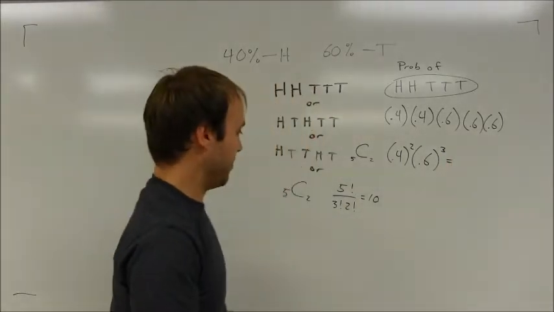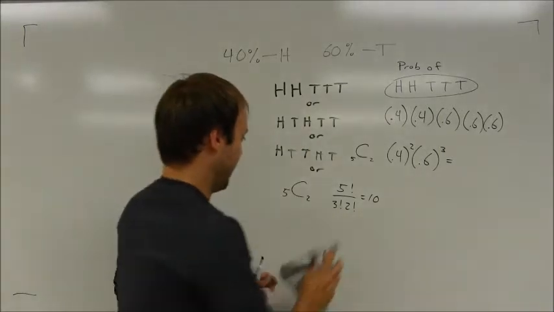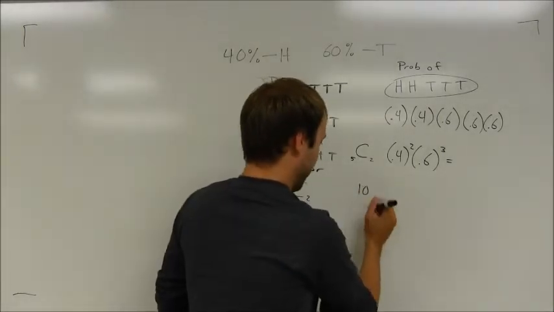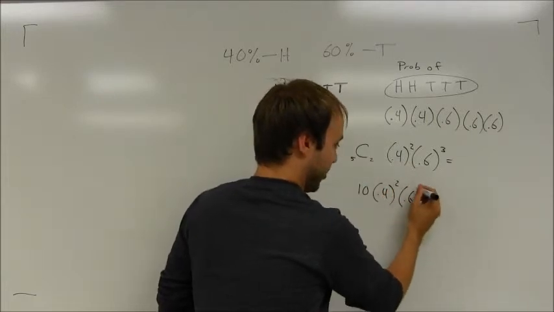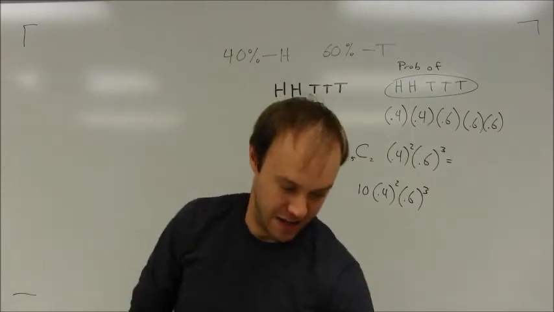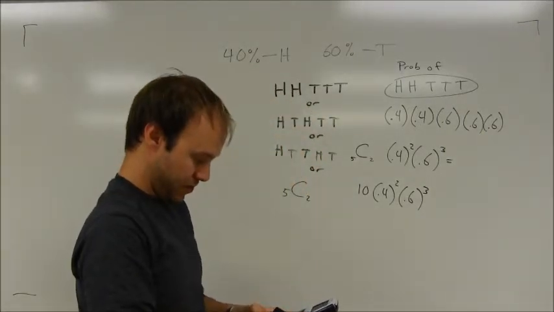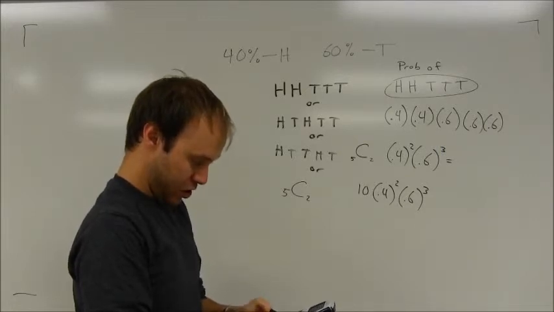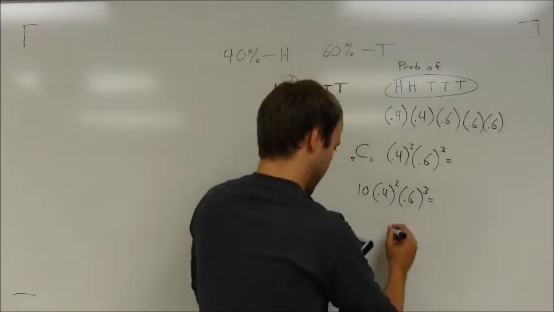If you did multiply this whole thing out, it ends up being 10 times 0.4 squared times 0.6 cubed.